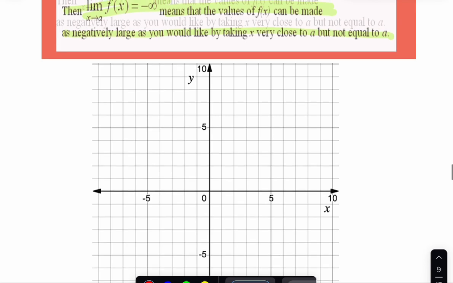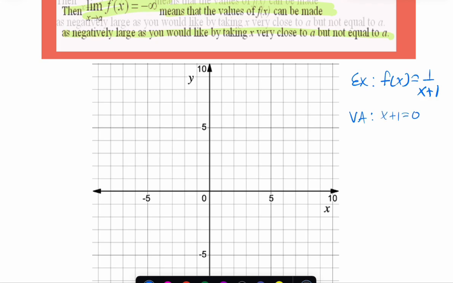So let's look at a perfect example. Let's do f of x equals 1 over x plus 1. Now, you may recall that there is a vertical asymptote in a rational function where our denominator equals 0. So if you set your denominator equal to 0, we have a vertical asymptote at negative 1.